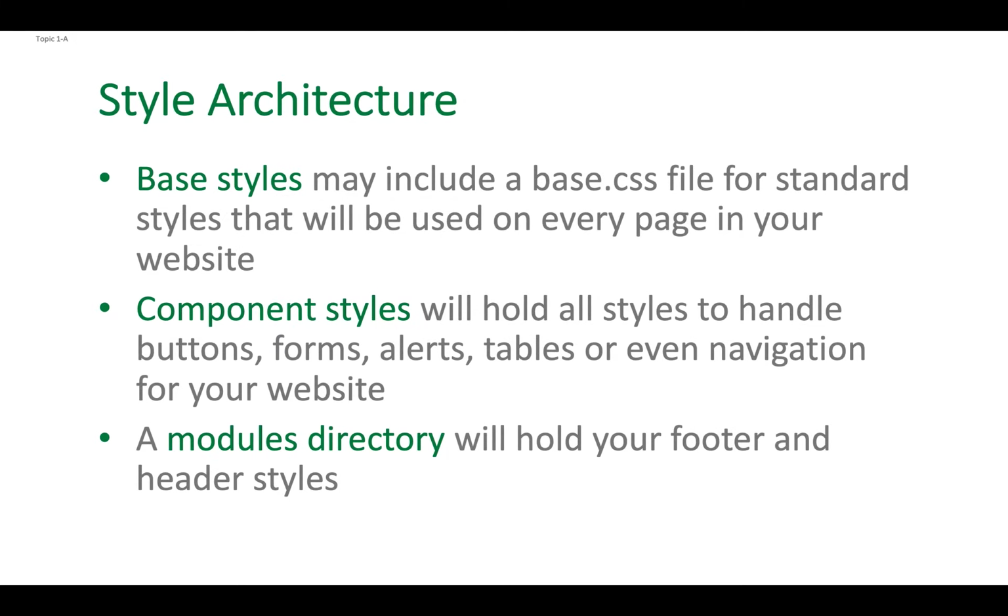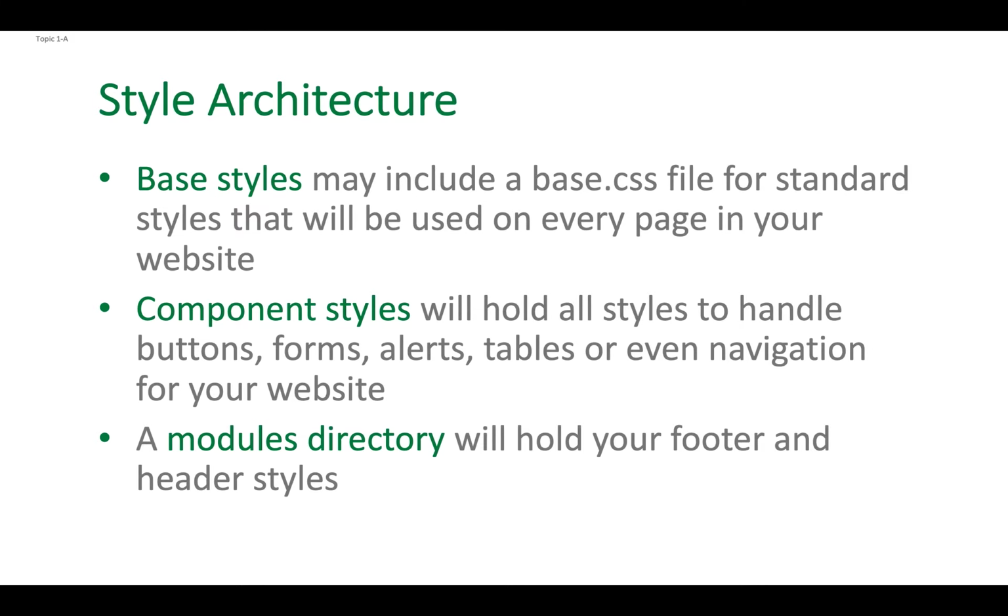So for example, let's say you have standard styles that you're going to use on every page of your website. That is going to require you to have an external style sheet or a .css file. And that .css file can be attached to every HTML page of your website.